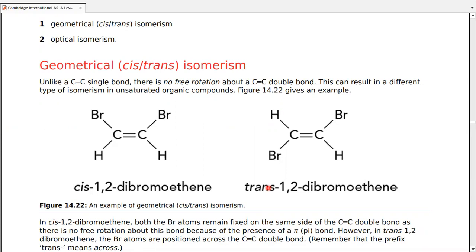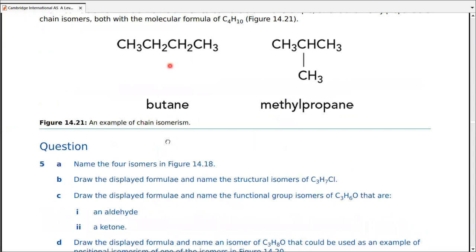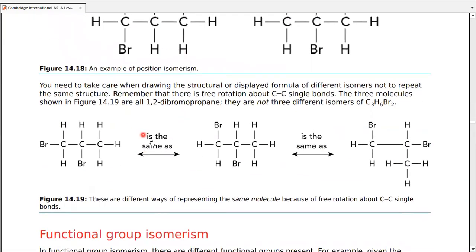Now, previously, when I was discussing the previous part, putting this bromine atom over here, or instead of this hydrogen, putting hydrogen over here, or putting this bromine over here and this hydrogen over here, it does not matter.